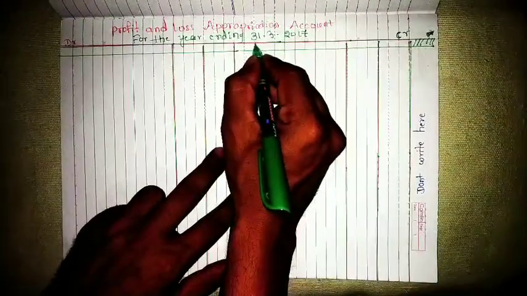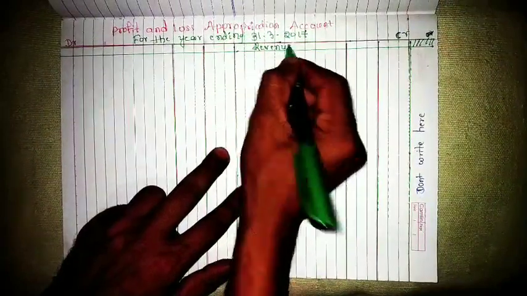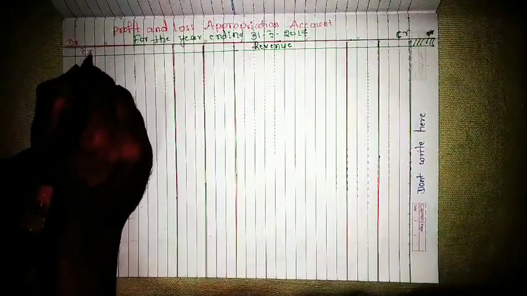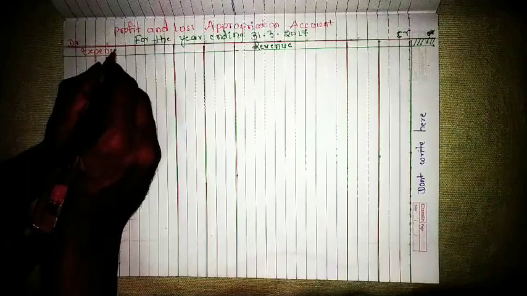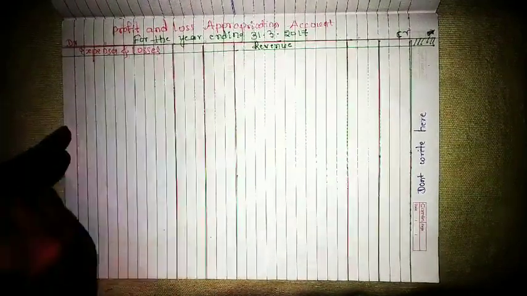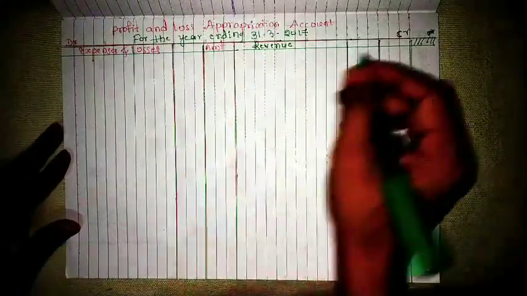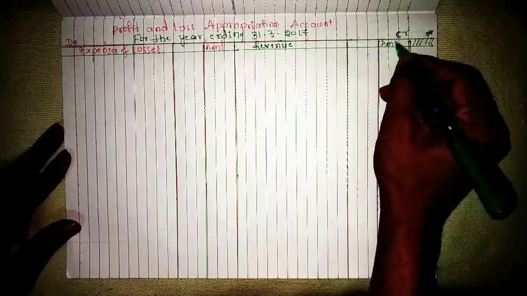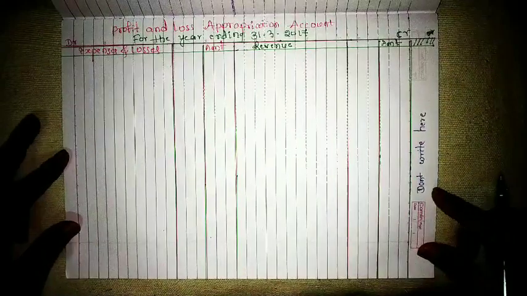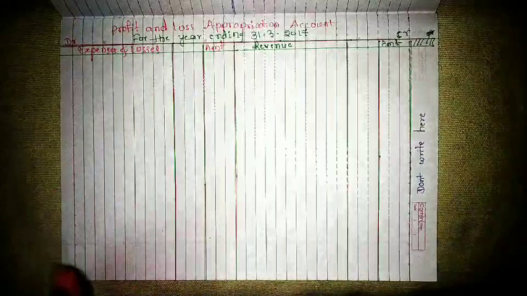Right here, revenue, on the debit side, expenses and losses, amount. You don't write here anything. This is inner column, outer column, inner column, outer column.